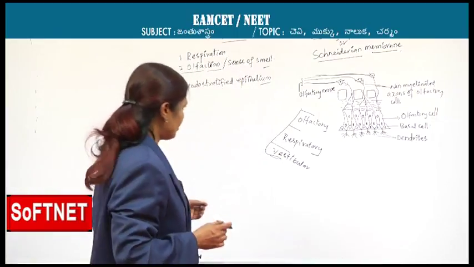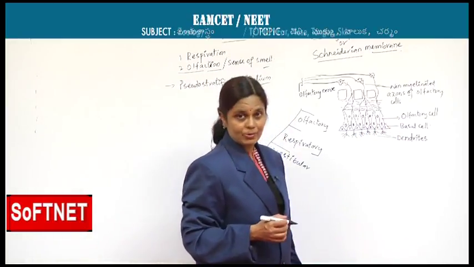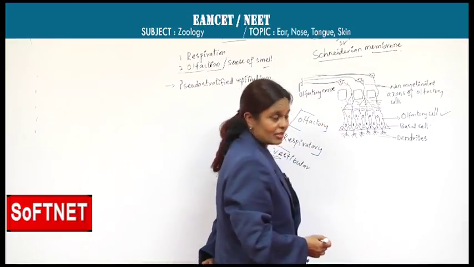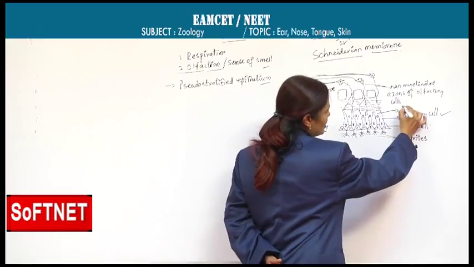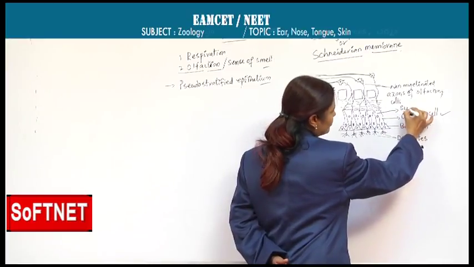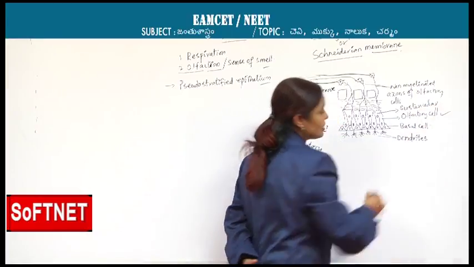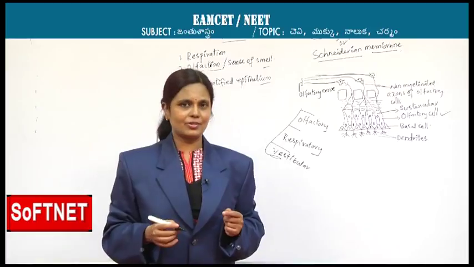Now, this epithelium in fact is made of three different types of cells. What are they? Number one, olfactory sensory cells, number two, sustentacular cells, otherwise called supporting cells, and number three, basal cells.